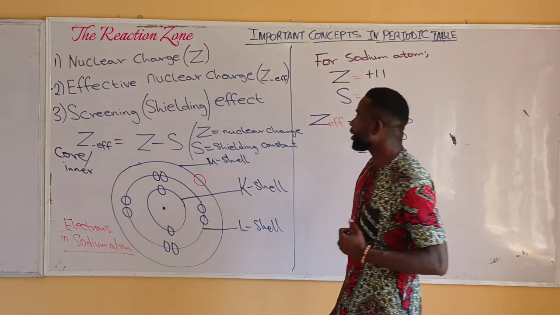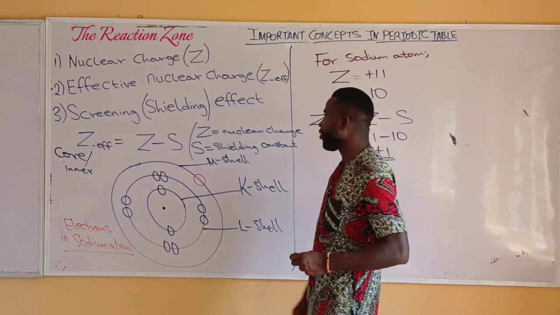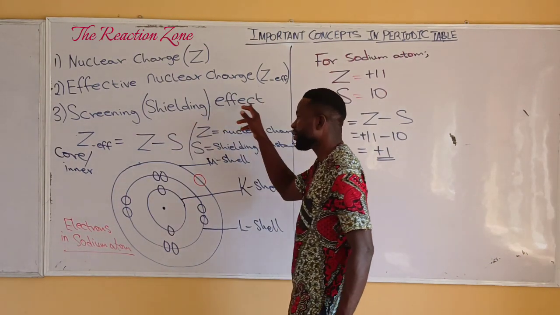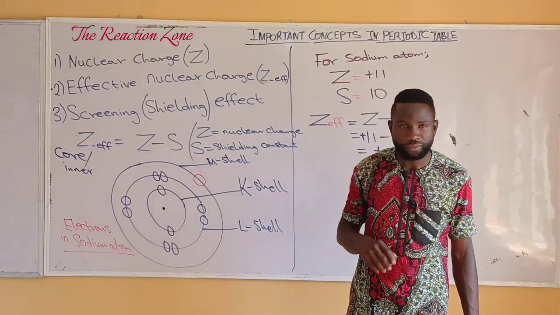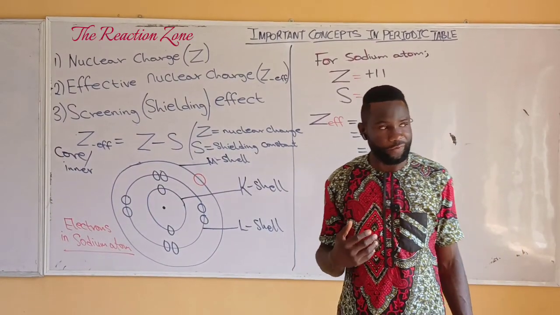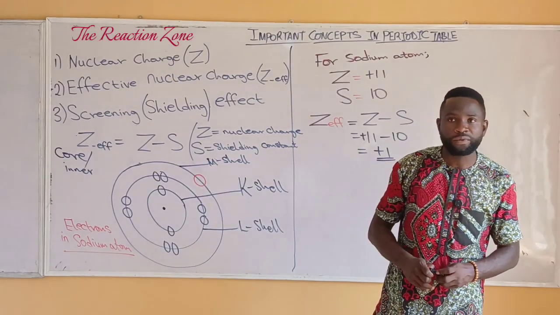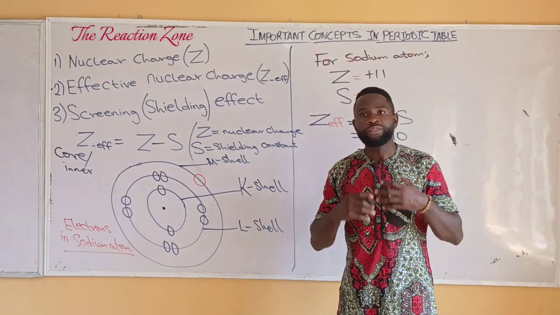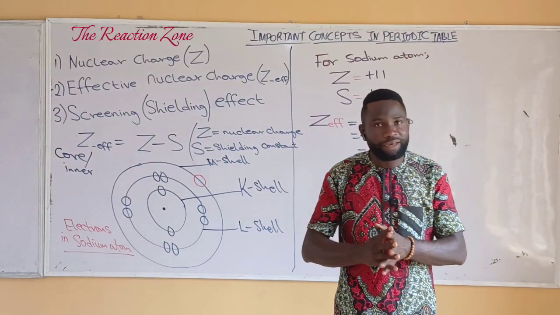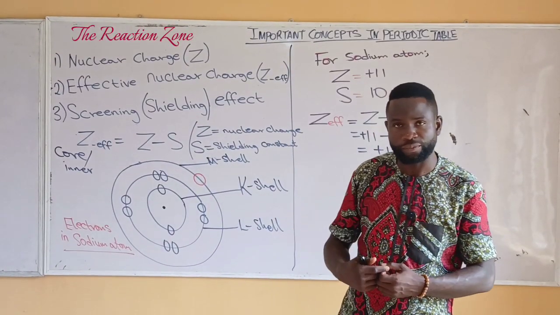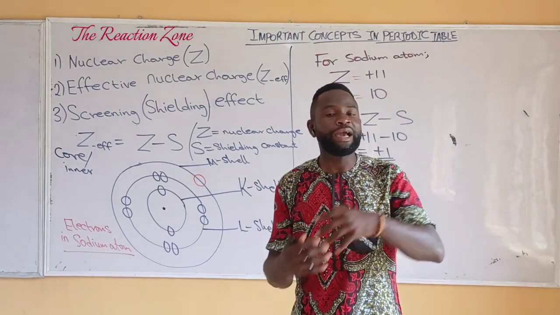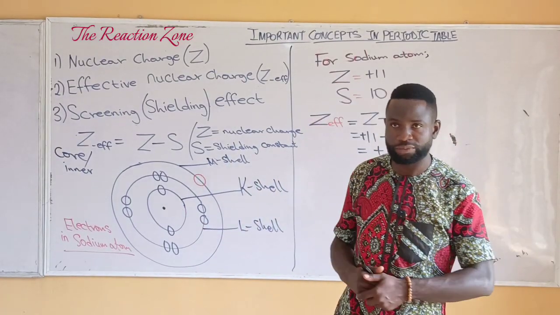The third concept we're going to look at is the concept of screening or shielding effect. The shielding or screening effect is the reduction of the electrostatic forces of attraction between the nucleus and the outer electrons.